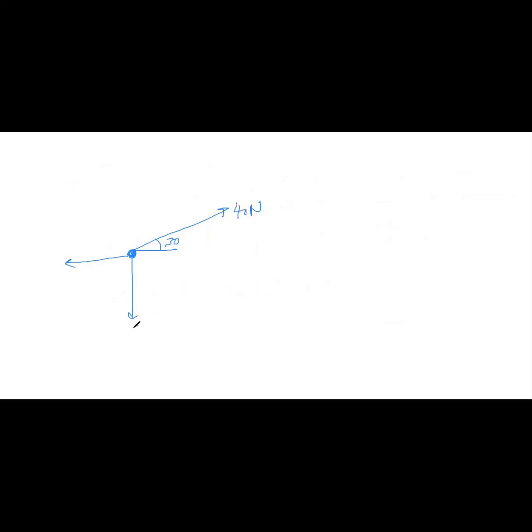We'll make this 50 newtons. They're not drawn to scale very well. We'll make this 20 newtons, and they're vertical and horizontal. So we have 3 forces acting on the system. Let's give them names: this will be A, this one here will be B, and this one here will be C.